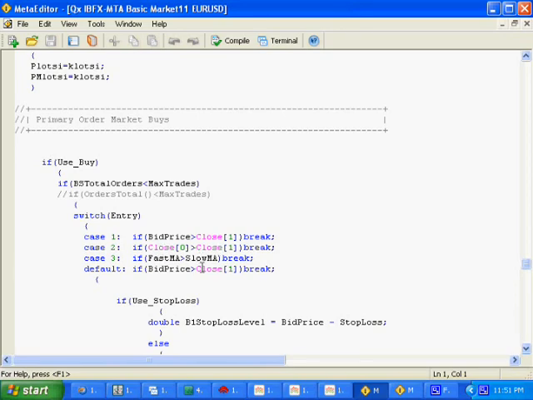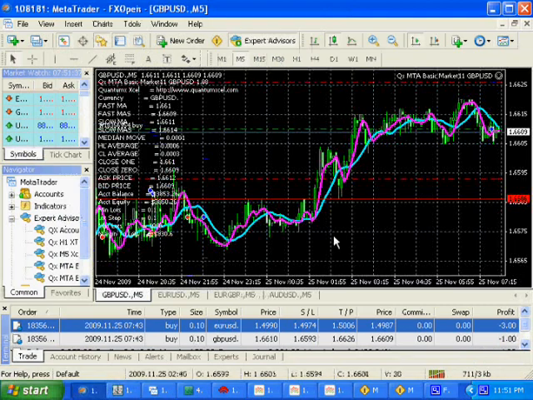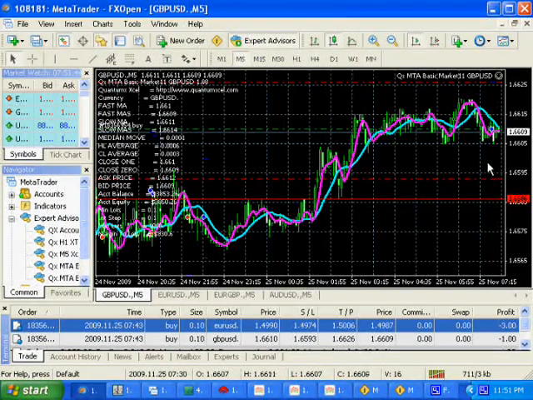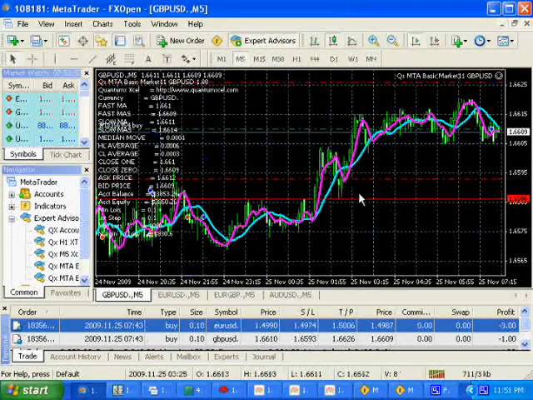Our default is a bid price over the close 1. These are very, very fast entries. As soon as you push this button, you're going to get an order up here on the screen, and that's what we want with this particular expert. We want real fast execution. When I see this trend breaking out, I want to push that button and away I go.